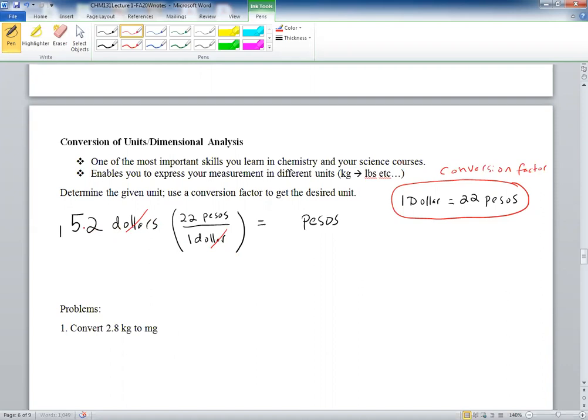So now you're going to multiply 52 by 22, and then you end with pesos. This comes out to obviously a large number, but again, it all depends on what you are converting here. So this comes out to be 1,144 pesos.